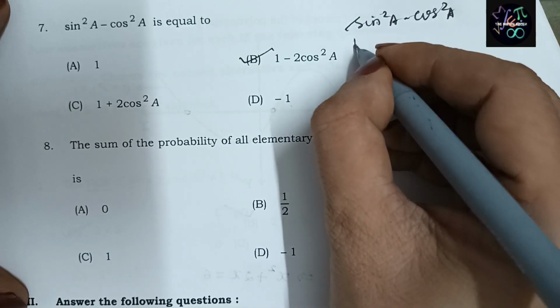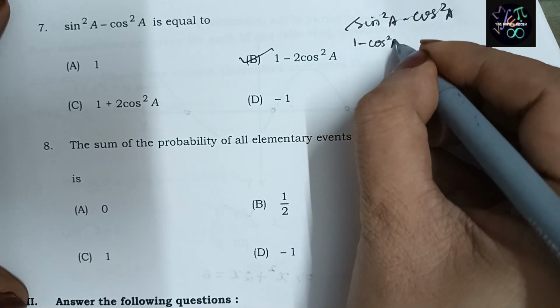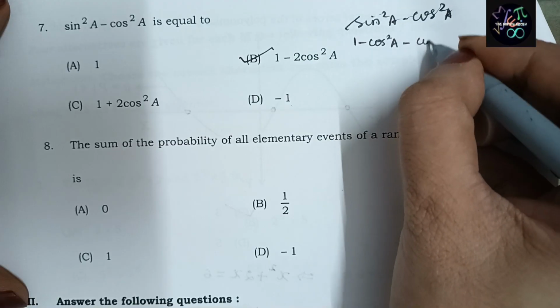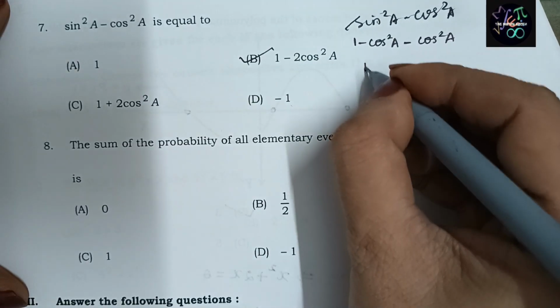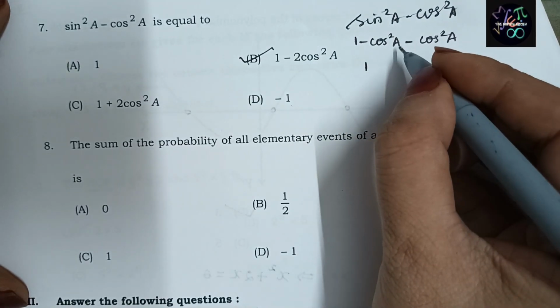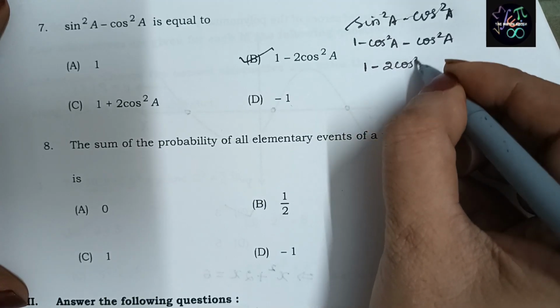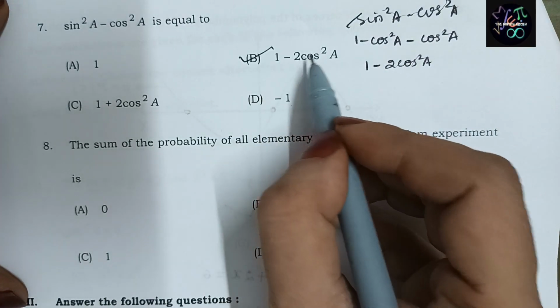We know the identity sin square A is 1 minus cos square A. The minus stays as it is, cos square A as it is. So 1 minus cos square A minus cos square A gives 1 minus 2 cos square A. So the correct option is 1 minus 2 cos square A.